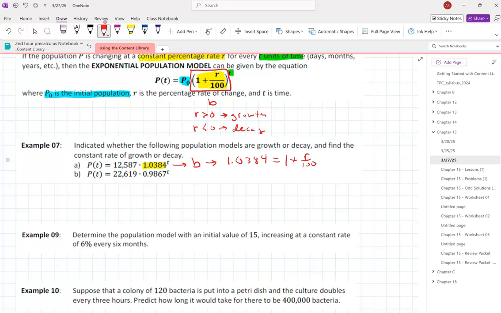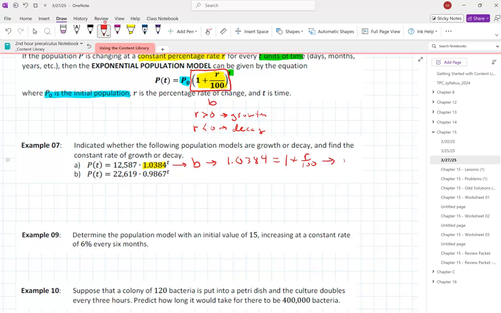So if I want to solve for r, what would I want to do first? Well, you could clear fractions first. I would just subtract the 1 and then multiply by 100, right? But you can multiply by 100 and then subtract 100. That's fine too. Either way is going to get you to the same spot.